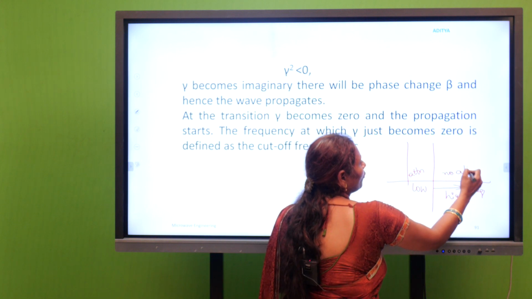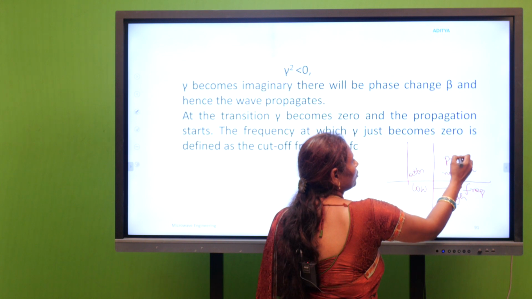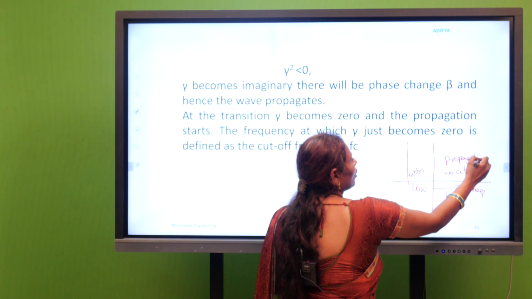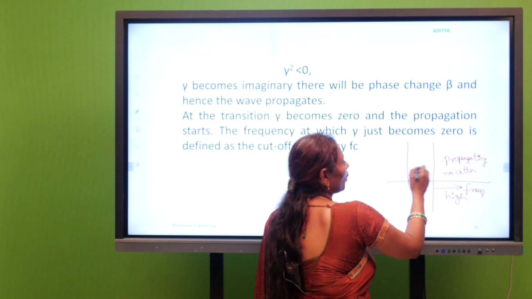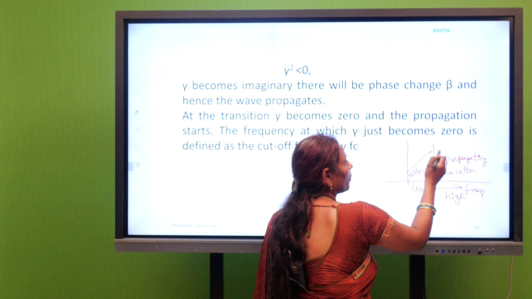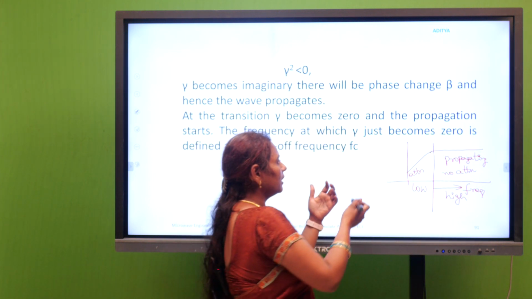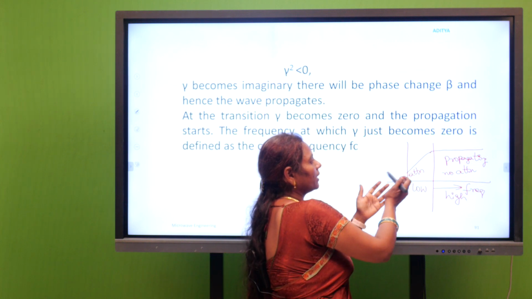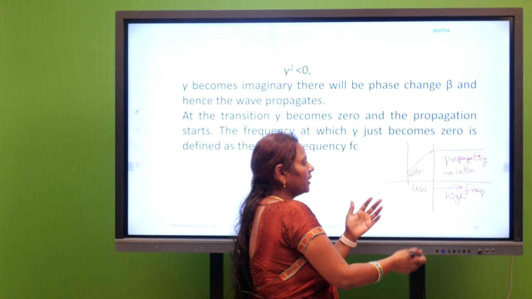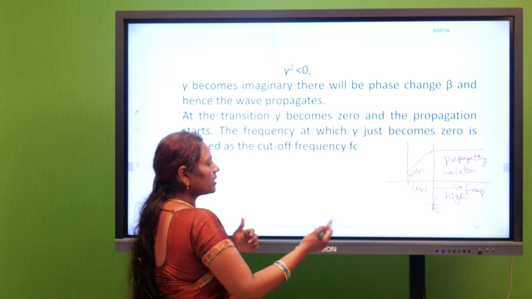Because of no attenuation, this wave is going to propagate through the rectangular waveguide. Because of attenuation, there is no propagation here. That means it is attenuating low frequencies and propagating the high frequencies. So we can consider that it is just like a high pass filter with some cutoff frequency. So we need to determine what that cutoff frequency is.